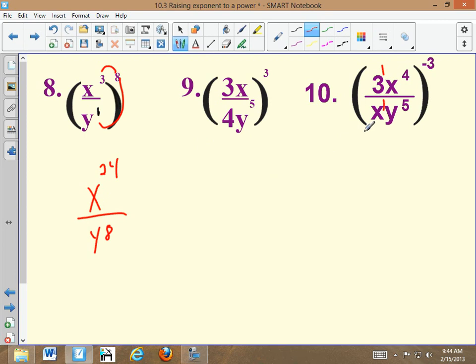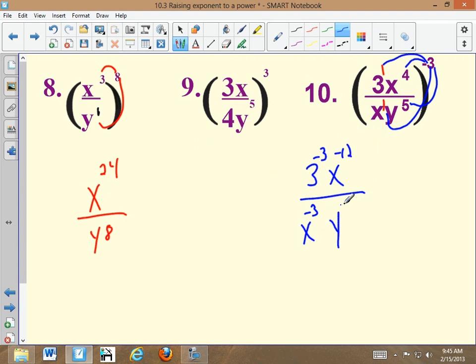There's a 1 here. There's a 1 here. Negative 3 has to be multiplied to all of my exponents. So I get 3 to the negative 3rd power, x to the negative 12th power, x to the negative 3 power, y to the negative 15 power.